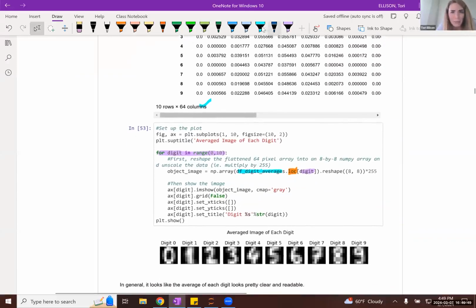Okay, I'm going to do the same thing again. I did set up a subplot figure, this time with 10 images, so 1 row and 10 columns of subplots.